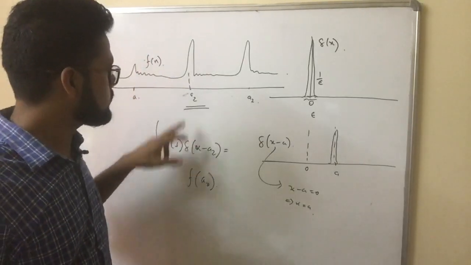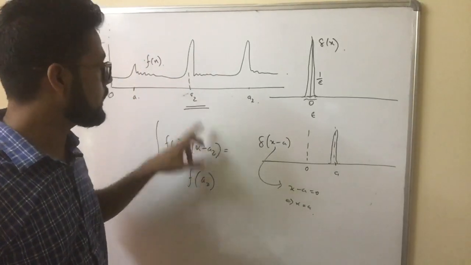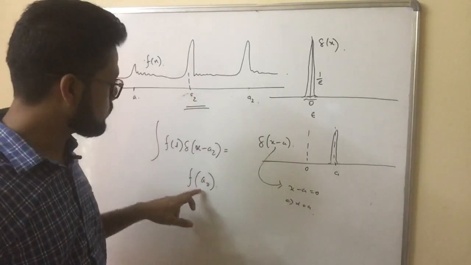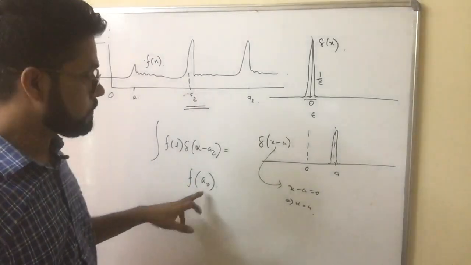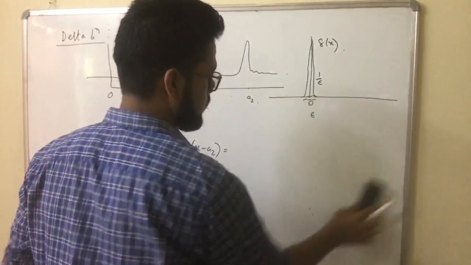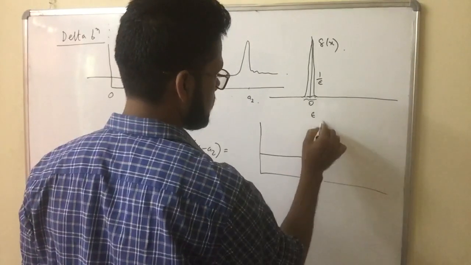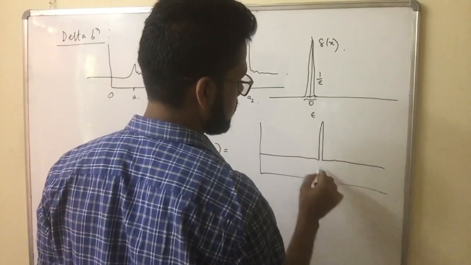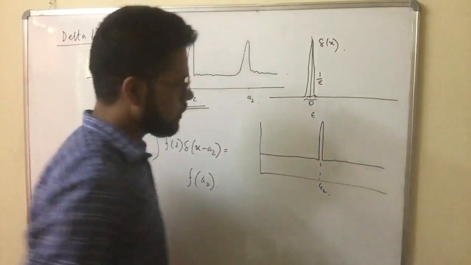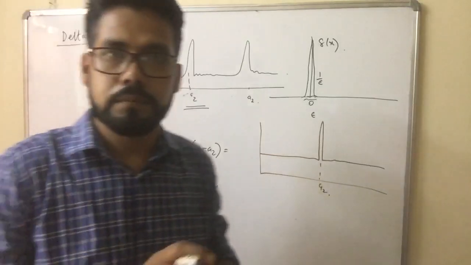If I multiply that signal with the delta function at that location, then I will get the function value at that location. Suppose this is that line, this is the peak, and this is A2. All other remaining parts will become 0. Why?